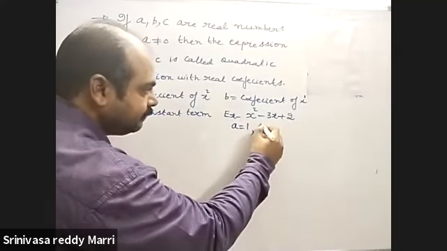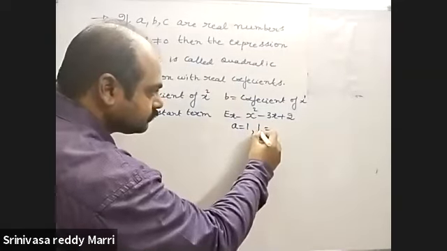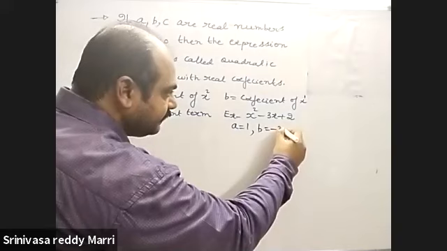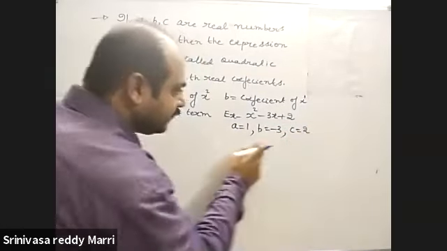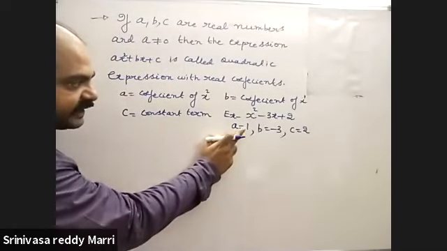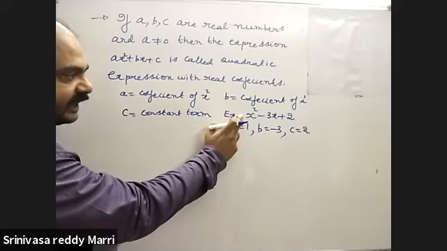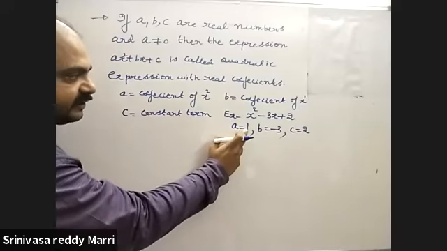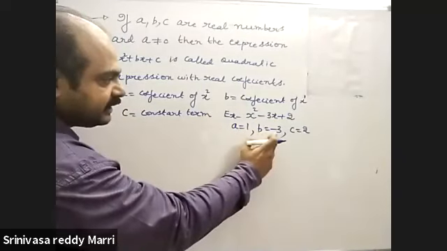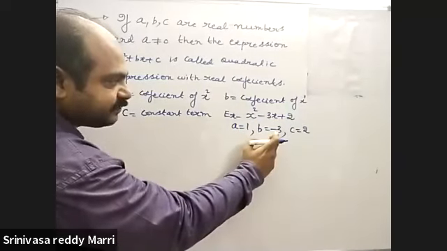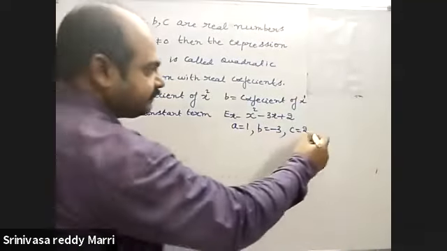A is 1, b is minus 3, c is 2. Before x square, whatever the constant is there, that is called the coefficient of x square. Before x, whatever the coefficient is there, that is called the coefficient of x, minus 3, and c is 2. This is called a quadratic expression.